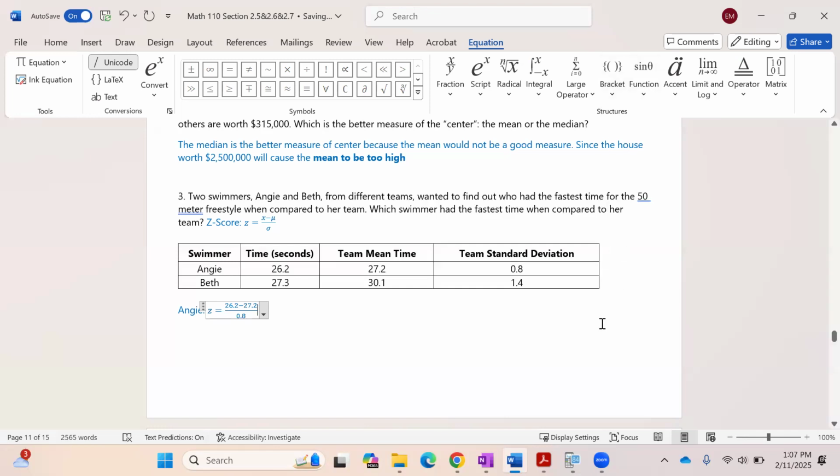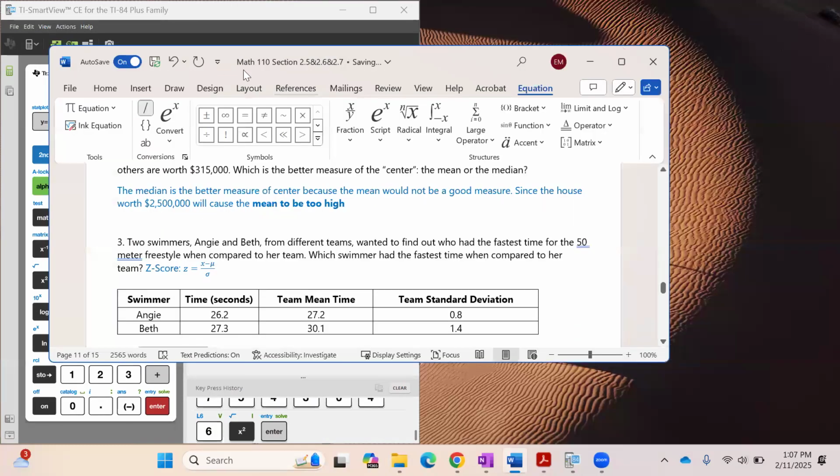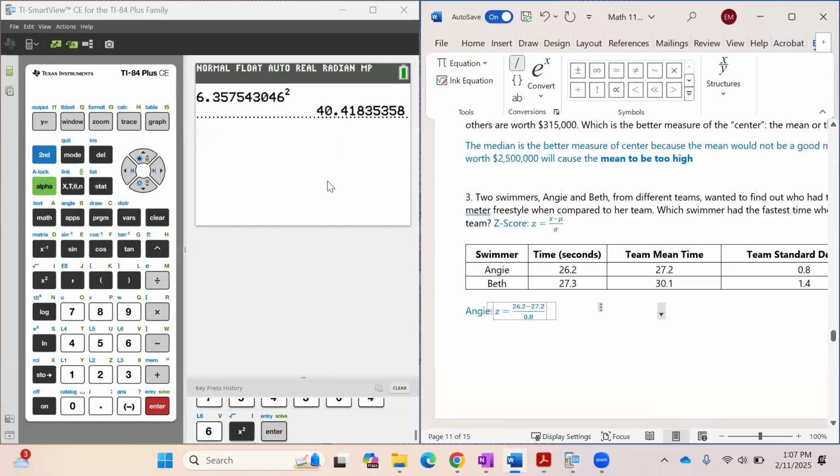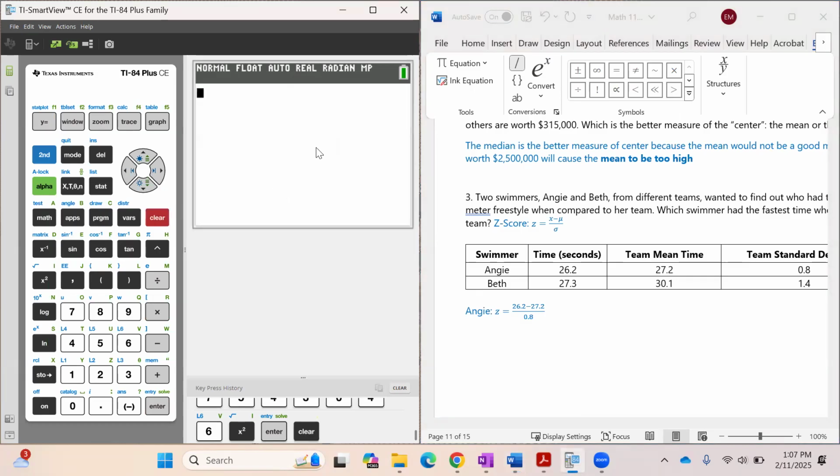Okay, so let's go ahead and go side by side with our calculator. What you want to do is do the top first, so 26.2 minus 27.2, calculate that, and then just divide that answer by 0.8.